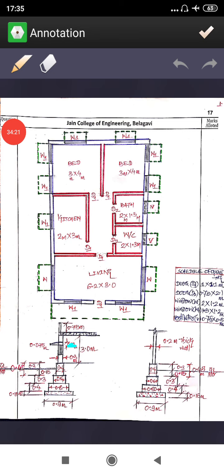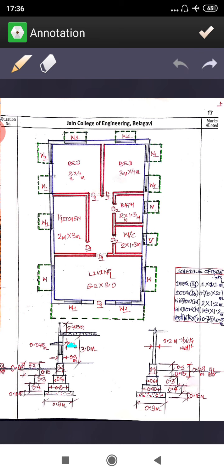Now if you see the BBM quantity, this is the total quantity, so we have to do the deduction for the openings. Here we are having one D1 opening in the 30 centimeter wall, then we have 4 D1s in the 20 centimeter wall, and 2 D2s in the 20 centimeter wall.